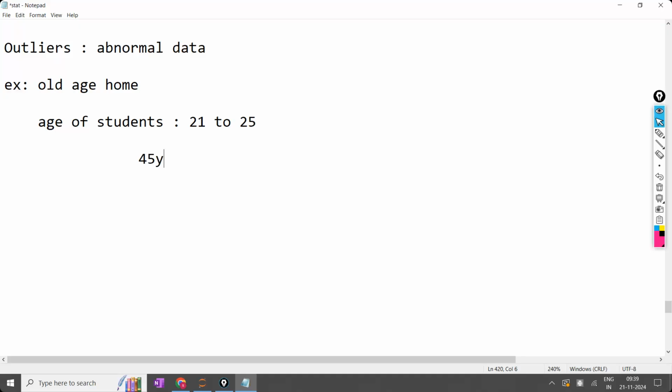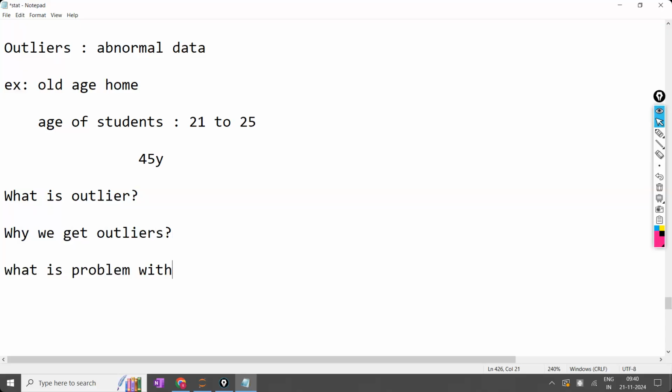Now, okay, sir, if outliers are there, what happens? First, we'll understand what outliers are. Questions are like this. First, what is an outlier? We should know what an outlier is. Second question, why do we get outliers? What is the reason for getting outliers? Third, what is the problem with outliers?